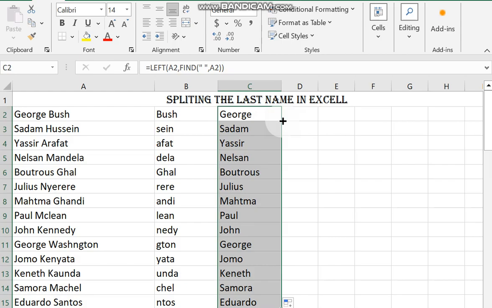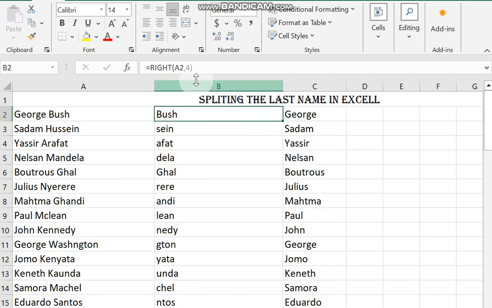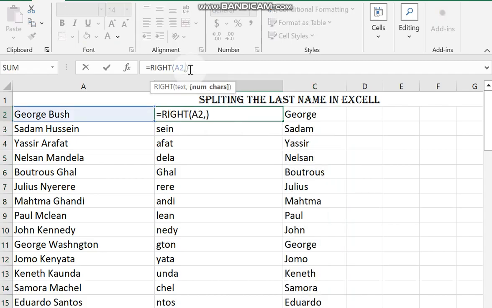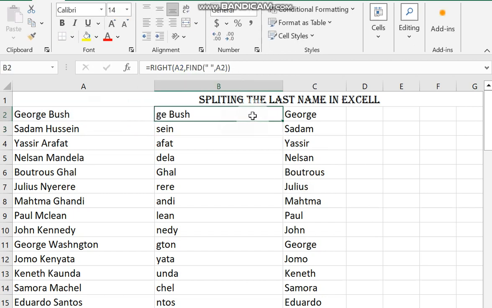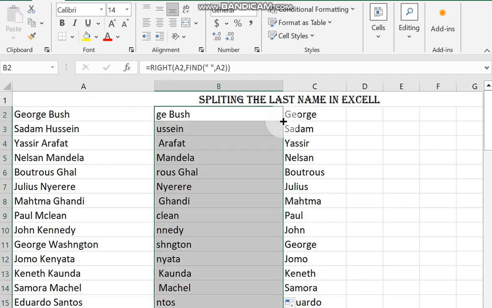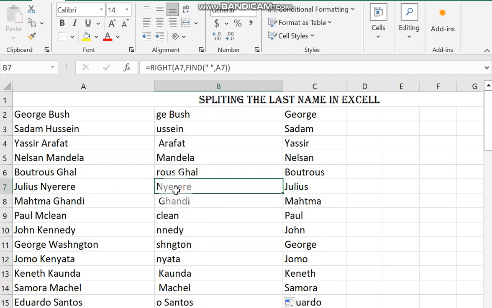What if we incorporate this formula in this cell? If we write here, find space in this name, press enter, it won't bring the correct answer. Some are correct, for instance, Nyerere, Machel, it's okay.